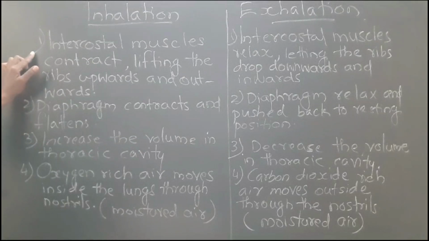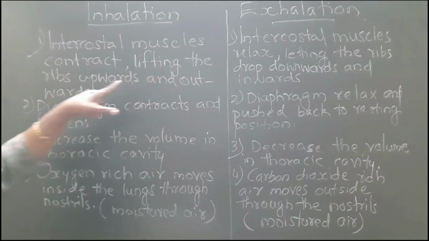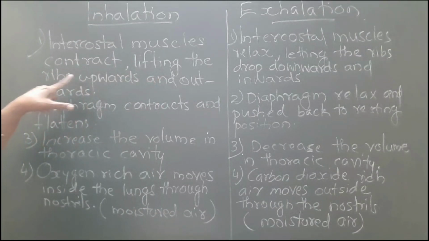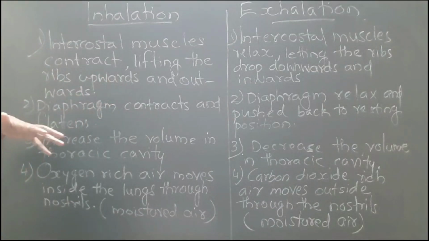Number 1, intercostal muscles contract, lifting the ribs upwards and outwards. When we inhale, intercostal muscles contract. Due to that, the ribs lift upwards and outwards.